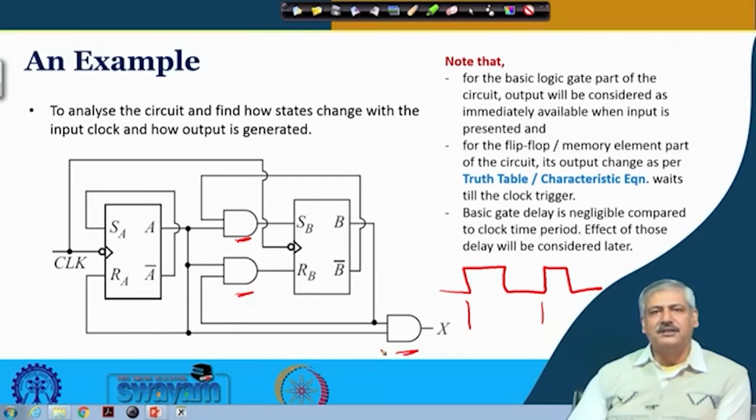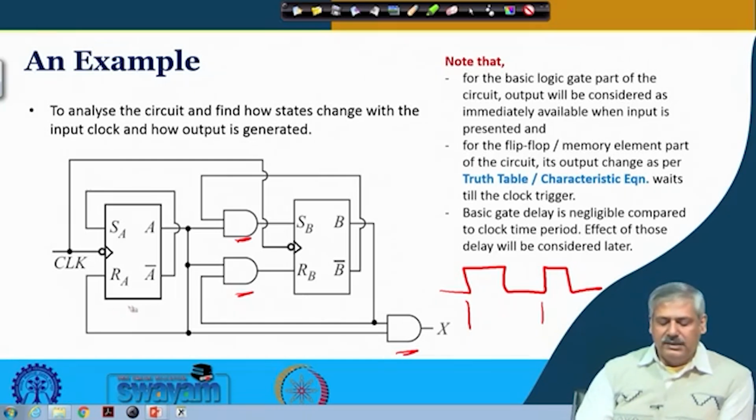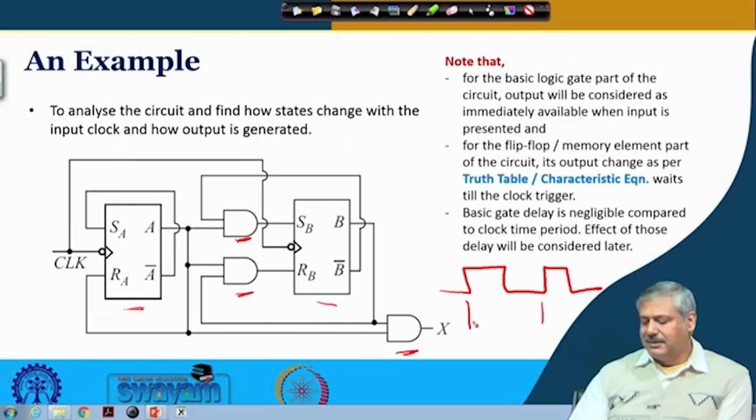These propagation delays are of the order of nanoseconds, 10 nanoseconds or so. And the clock frequencies could be in kilohertz or megahertz. Even in all those cases, this delay is not comparable to the timing period.